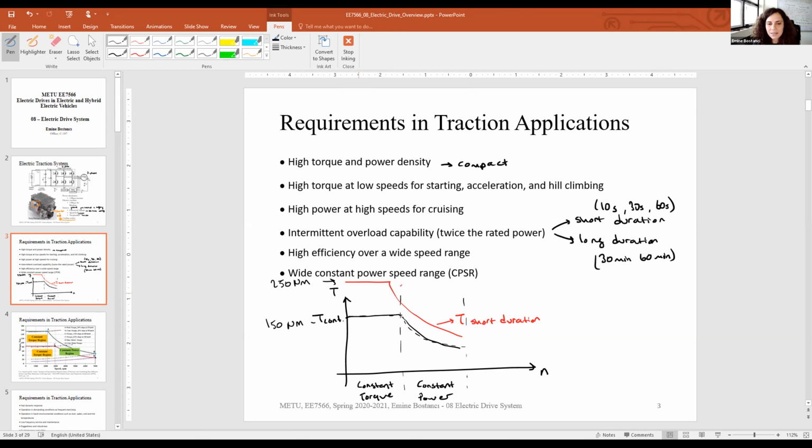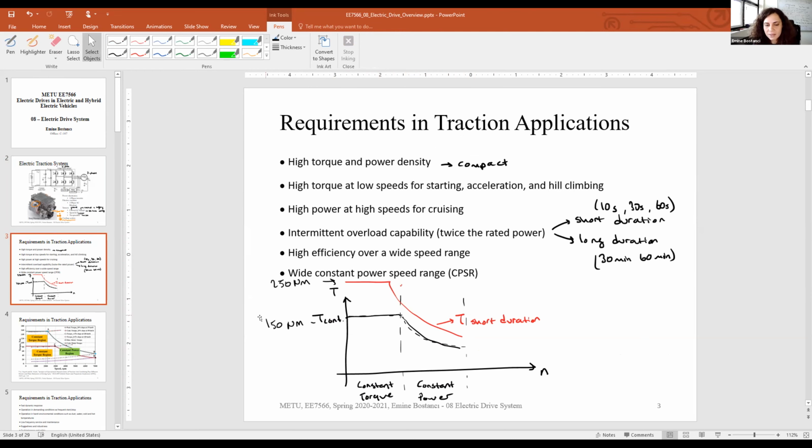We say that we need that much torque, but for a very short time. And we can decide on the cooling system based on this need. When we talk about the steady state, at this 150 Newton meters, we should be able to cool our electric motor for infinitely long time, 30 minutes, 60 minutes, and so on.